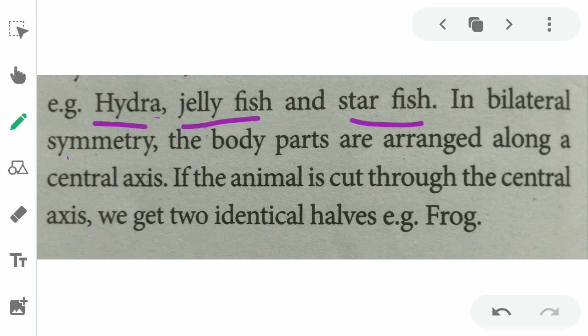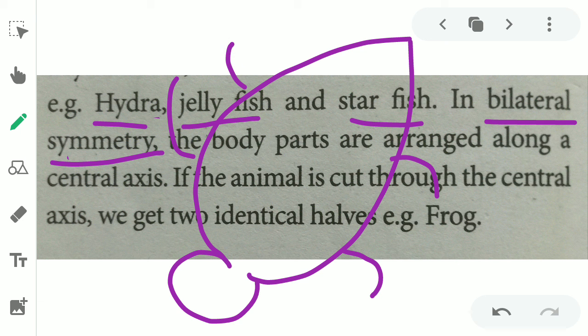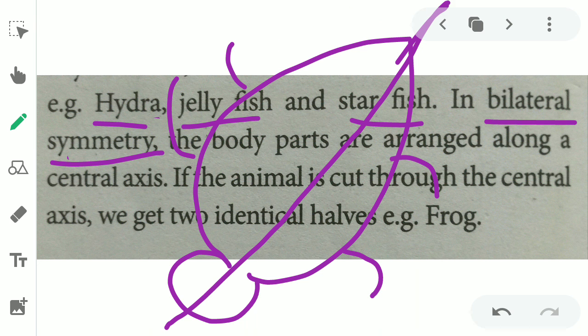Next, bilateral symmetry. Bi means two. This is one organism, for example, tortoise. The organs are arranged along the central axis. We can cut the organism into equal, identical halves, this one half, this one half. We can cut only along the central axis.